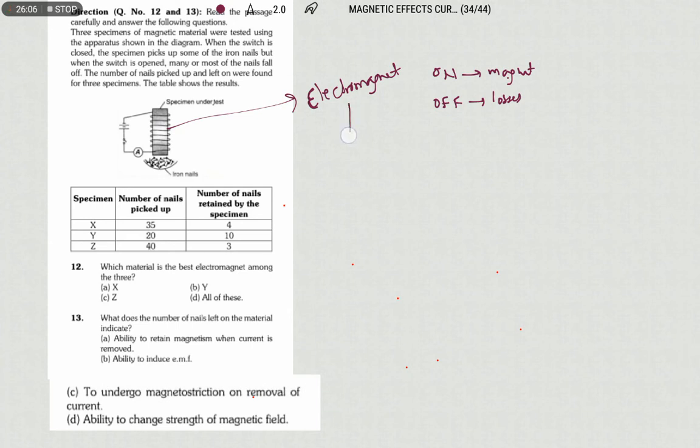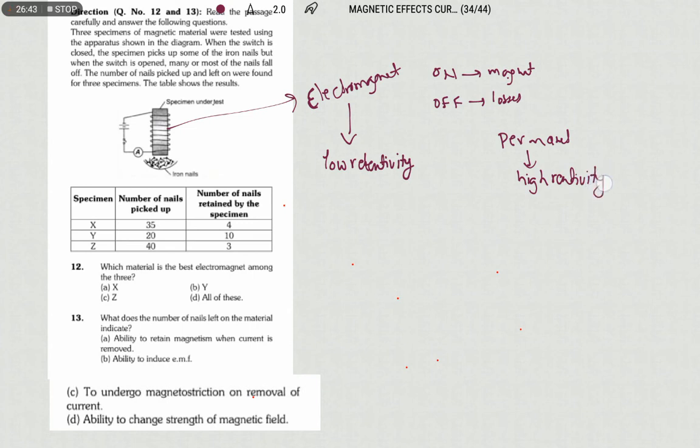So what kind of properties should an electromagnet have? It should have low retentivity. Retentivity means how much magnetic property it retains after the switch is opened. In the case of permanent magnets, they should have high retentivity.